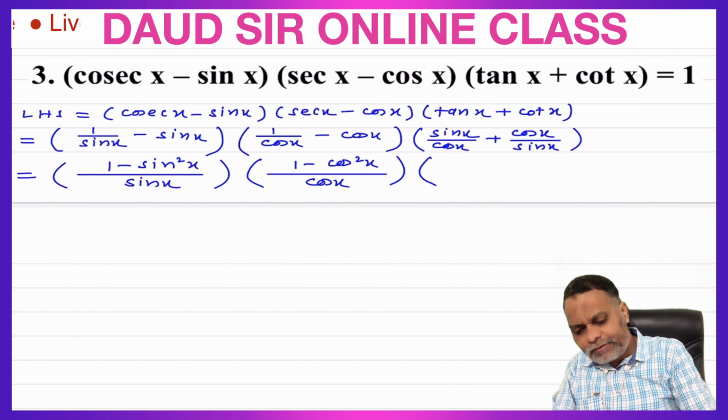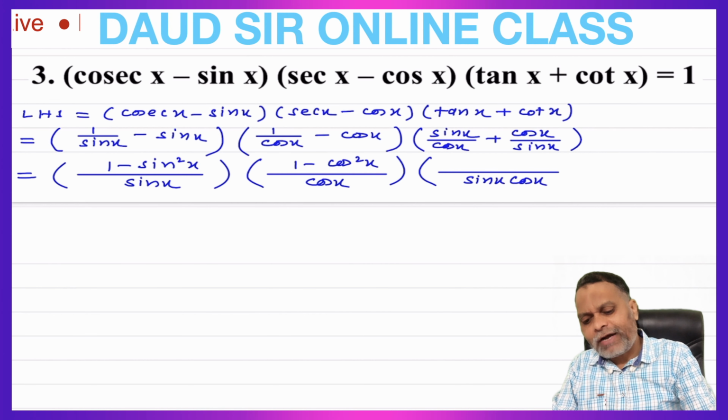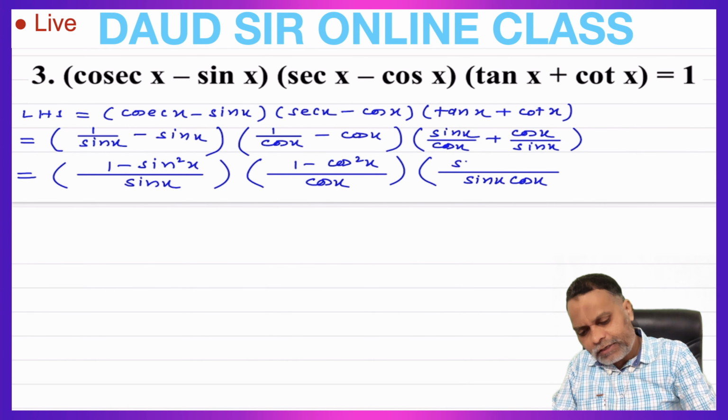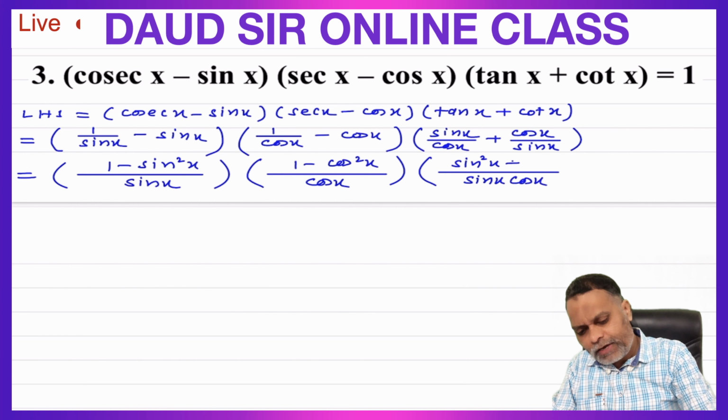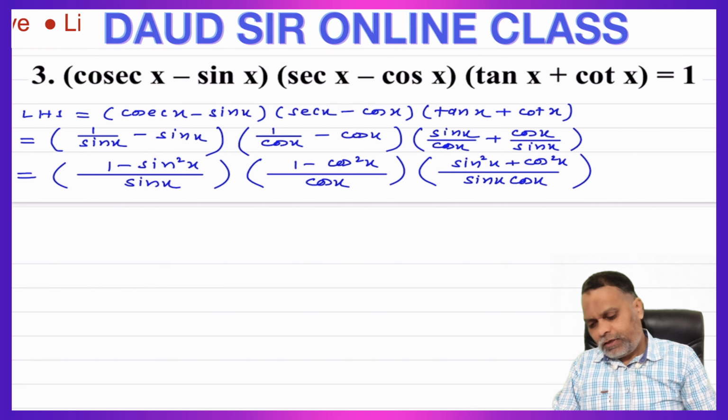In third bracket, LCM sin x into cos x. Dividing by this cos x cancelled, multiply the sin x into numerator. So this is sin square x plus, divide by sin x cancel, cos x into cos x, cos square x.